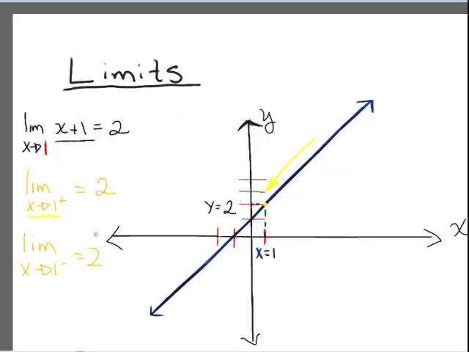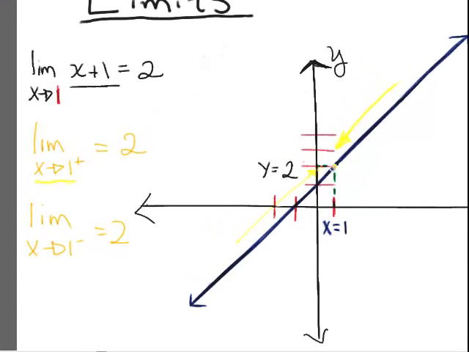And then when we approach from the negative direction, we better get the same answer, otherwise the limit does not exist. Alright? So from the negative direction, we zoom again on the function, and what is that y value approaching? You guessed it. They're both coming into that point of 2. So from the negative direction, or values smaller than 1, we got 2.